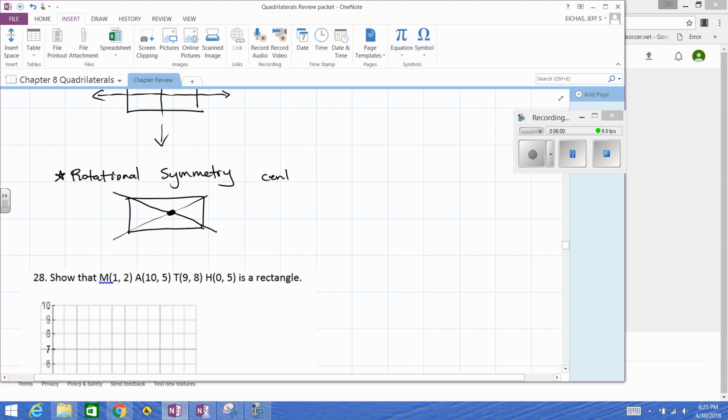All right, center at a point where diagonals cross. We'll use the geometry term intersect, and angle is 180. All right.